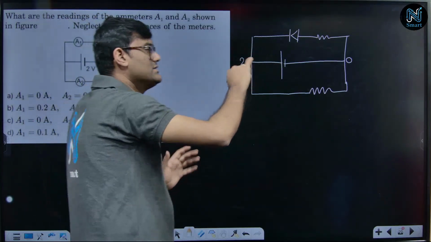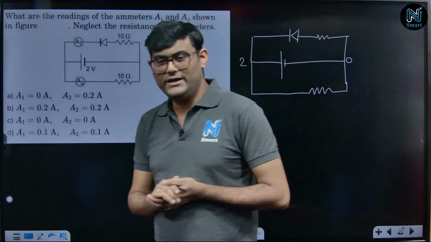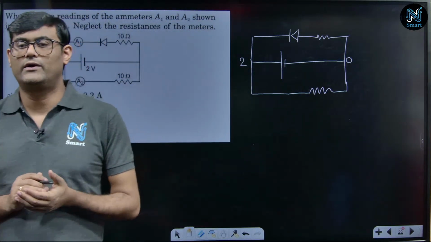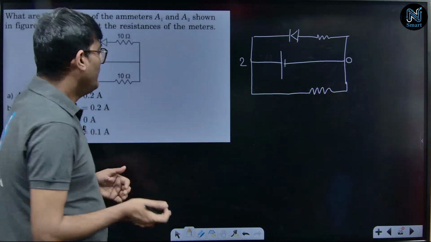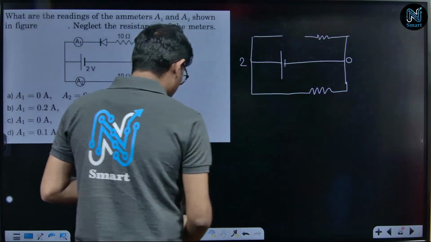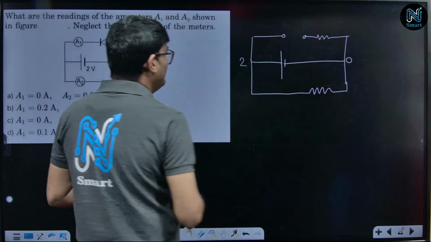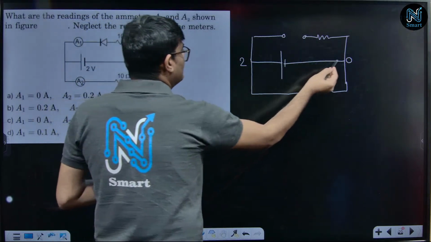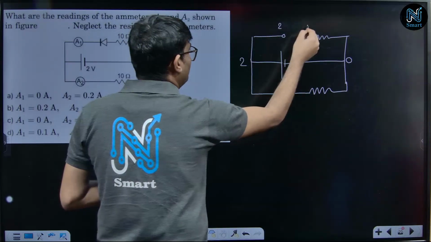Whether this diode is forward biased or reverse biased, how do we check it? There is a very simple trick for that. You remove the diode. Forget the diode for the time being. If I remove this diode, then think about what the potential difference is across the 2 points. You can see that this 0 voltage will appear here and this 2 volt will appear here.